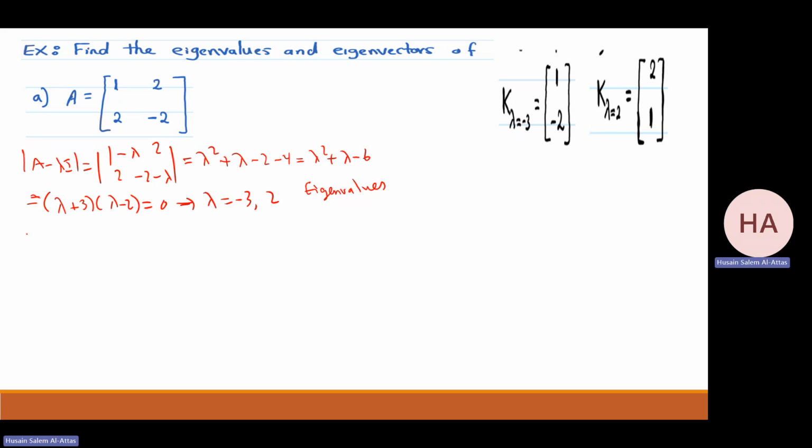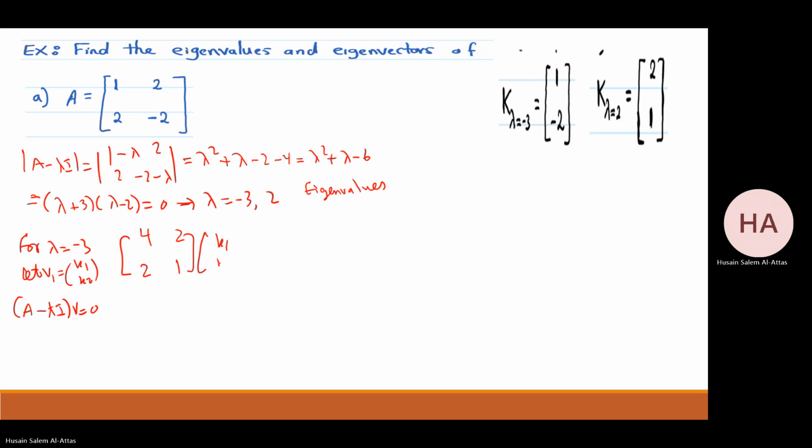Okay. Now for lambda equal minus 3, I need to find the eigenvector. I have 1 minus minus 3, that will be 4, 2, 2, and minus 2 minus minus 3, that will be 1. Let V1 be K1, K2. I need to solve A minus lambda I times V equals 0.